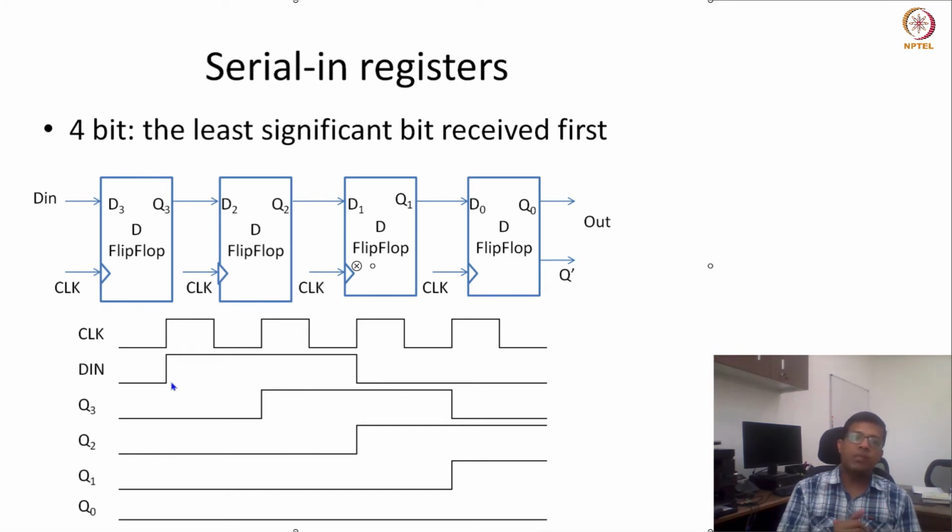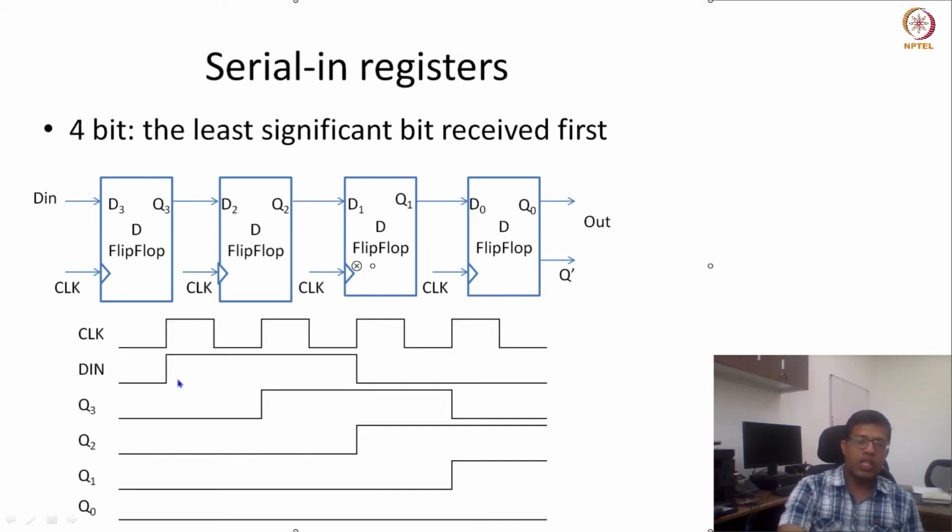Here my assumption is that my hold time is 0, but setup time is non-zero, and propagation time is also considered as 0, to make this circuit look simple. However, usually D in would have certain delays involved here.